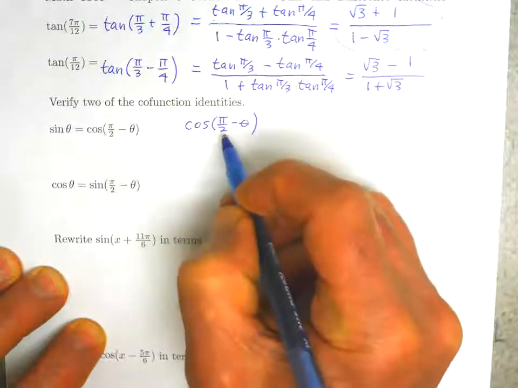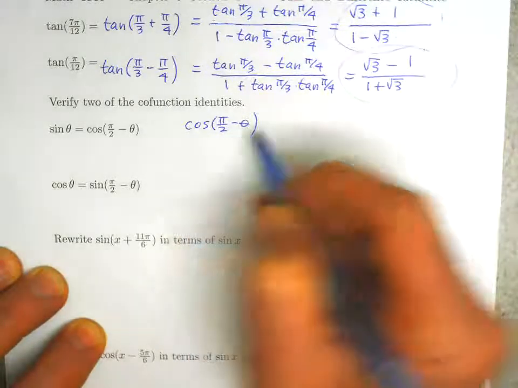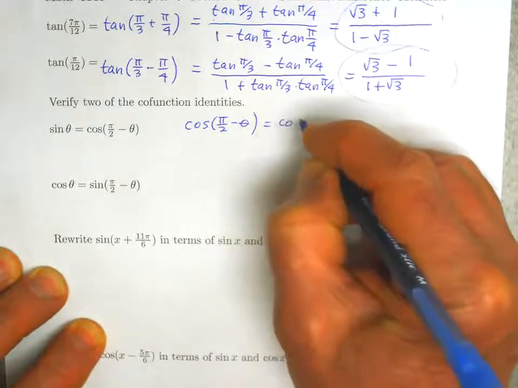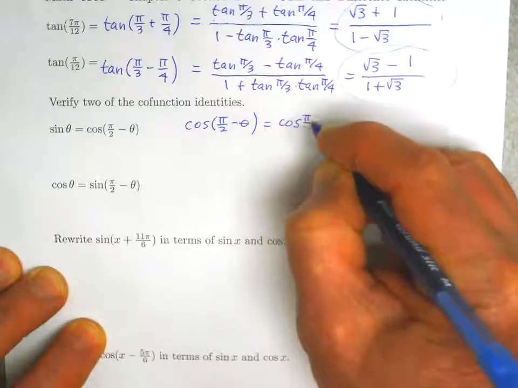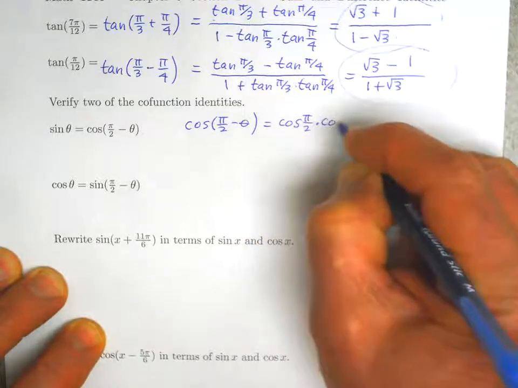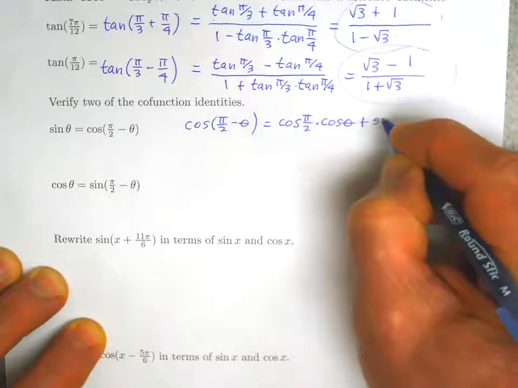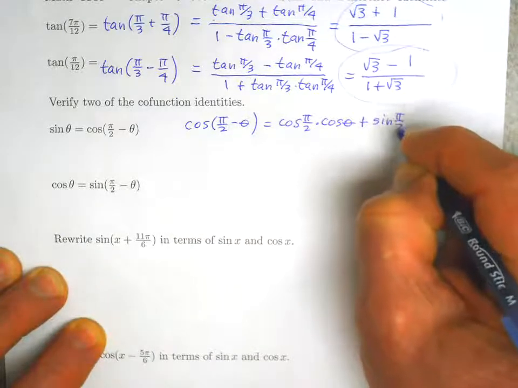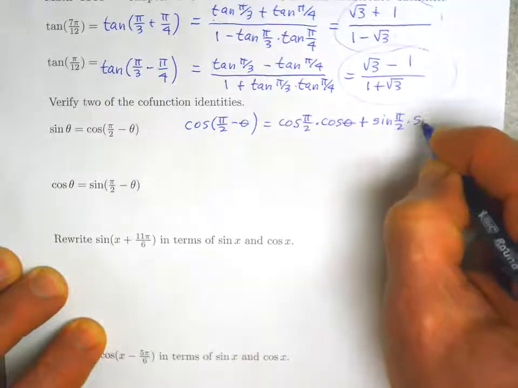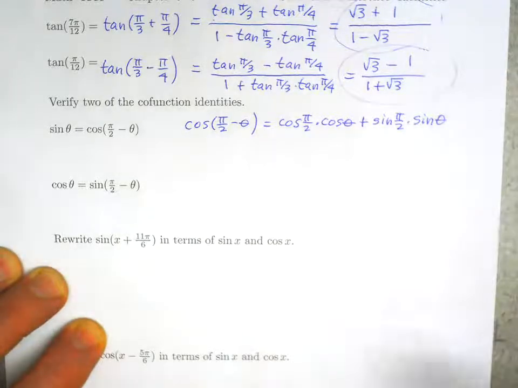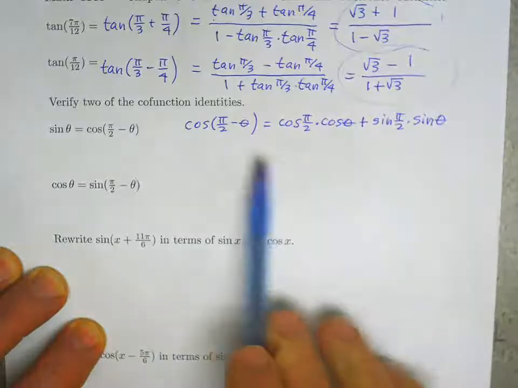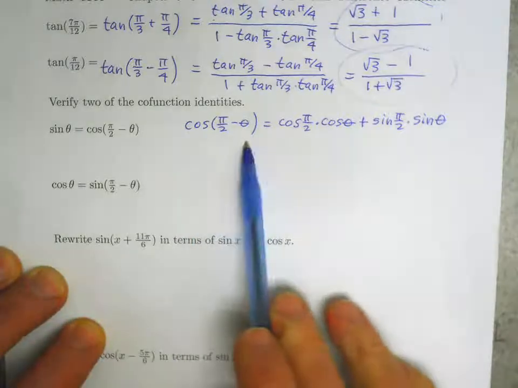So cosine of pi over 2 minus theta is cosine of pi over 2 times cosine theta, and then we add sine of pi over 2 times sine of theta. That's applying the cosine difference formula.